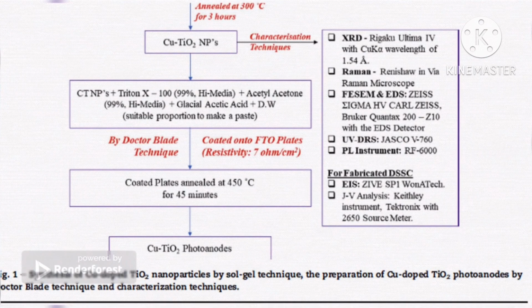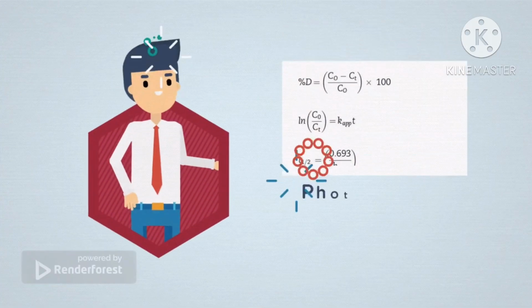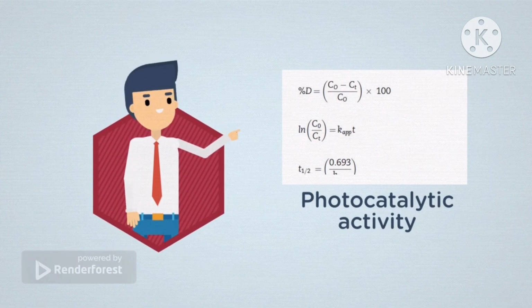Accordingly, we complete the rest of the preparations. For photocatalytic activity, the degradation percent, pseudo first order kinetics, and half-life time for the rhodamine B dye are calculated by the following equation.